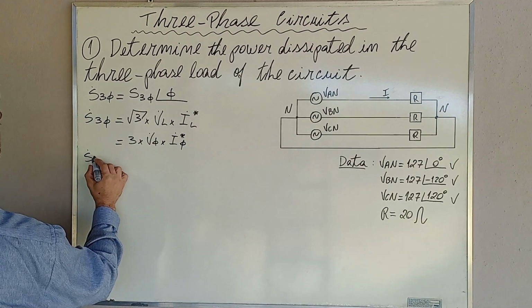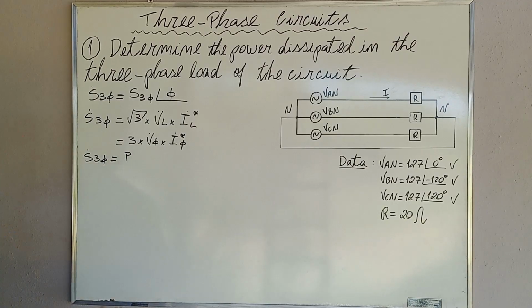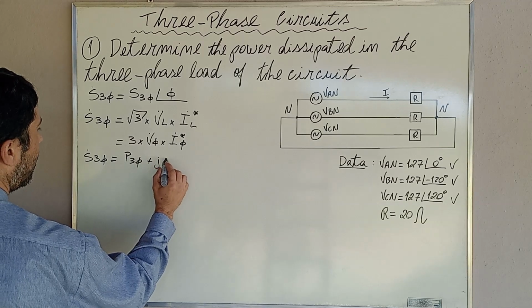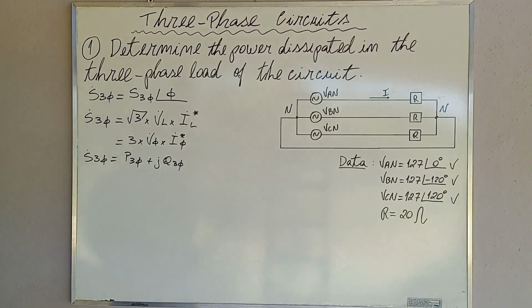the complex power is equal to the active power plus j times the reactive power. The active power and the reactive power are real numbers, whilst the complex power is a complex number.